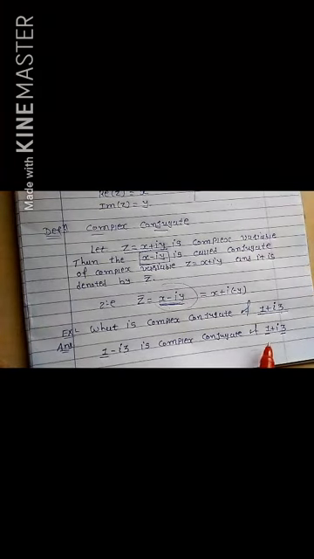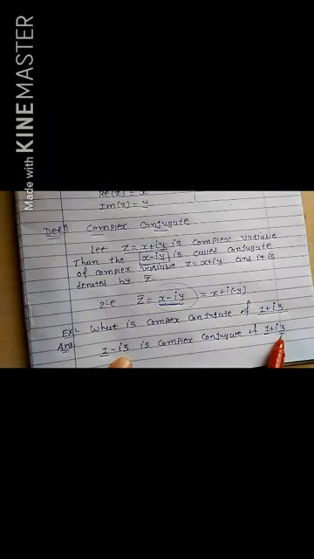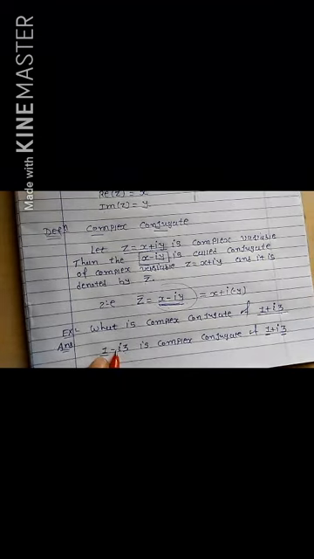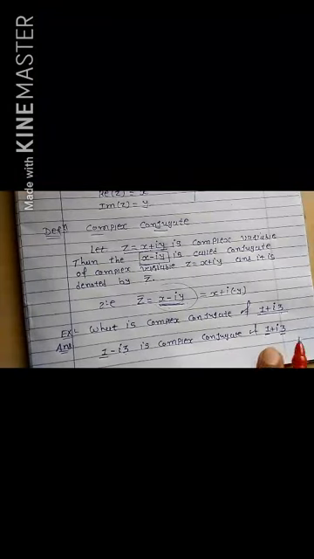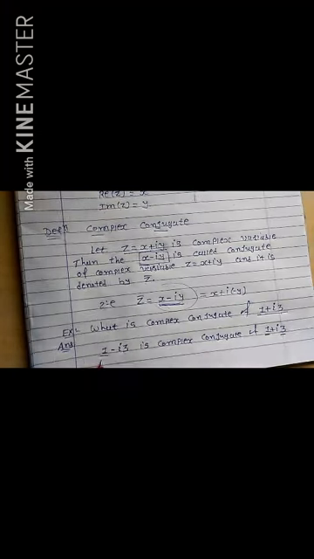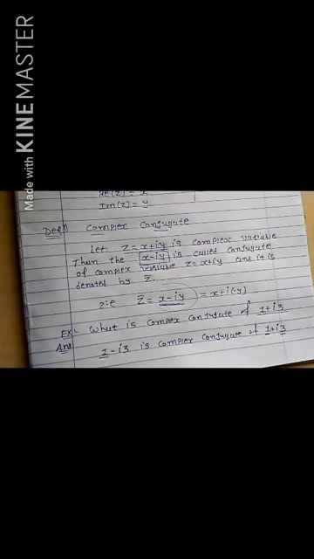No change in the real part, only change in the imaginary part and only sign change. Here plus, here minus. This is the complex conjugate of this, vice versa. This is also the complex conjugate of this. Understand?